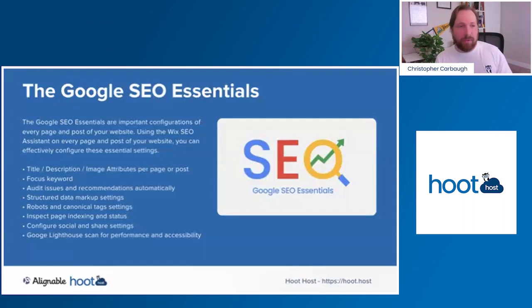It's so, so important. Another really important feature, this is more of a presentation and proper representation, I guess I should call it. You can configure the social and share settings for every single page and post. When you go into the SEO settings, a couple of tabs come up and you're going to see social and share.